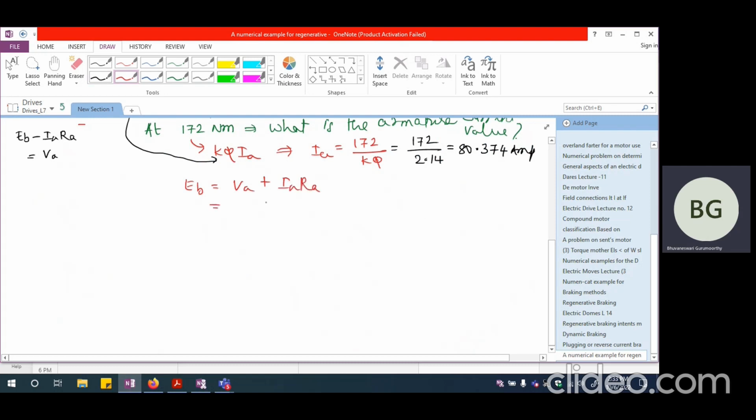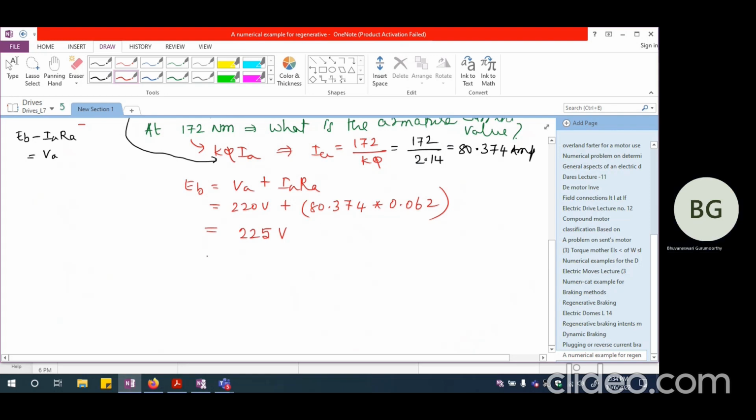VA is 220 volts and IA is 80.374 and RA is 0.062 ohms. So the total voltage comes out to be 225 volts.